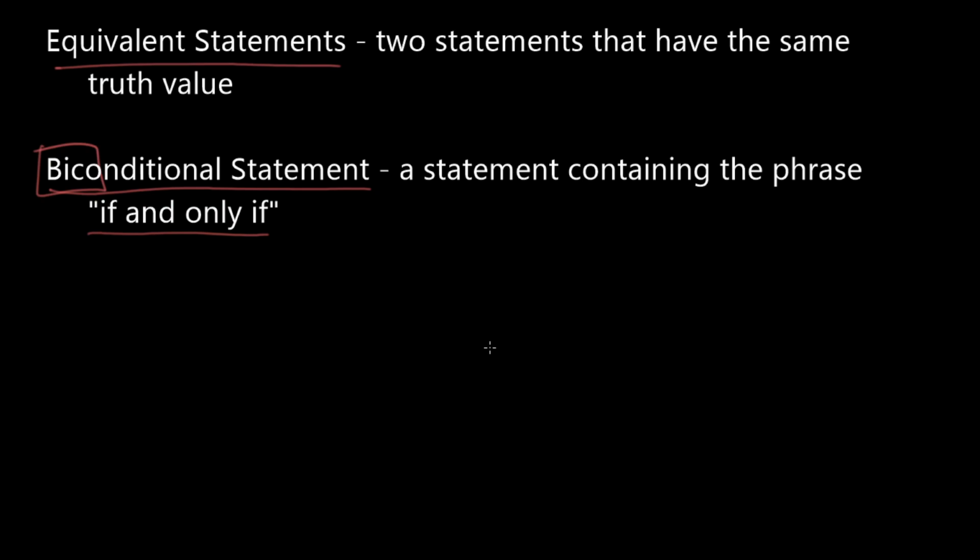So biconditional statements make really good definitions. Let's look at a definition here. I'm going to give a definition for what a right angle is. A right angle, as we know, is an angle whose measure is 90 degrees. I'm going to write this definition as a biconditional statement.